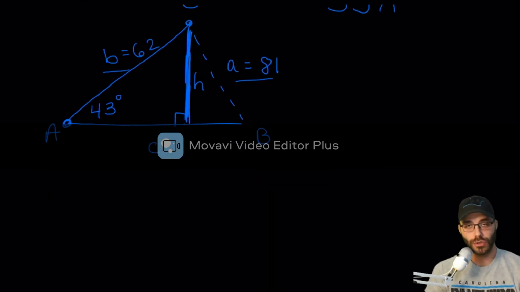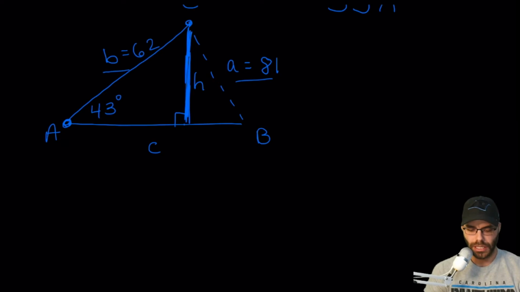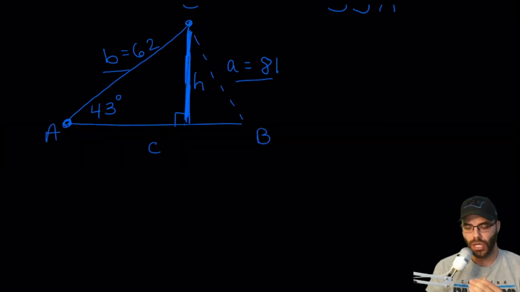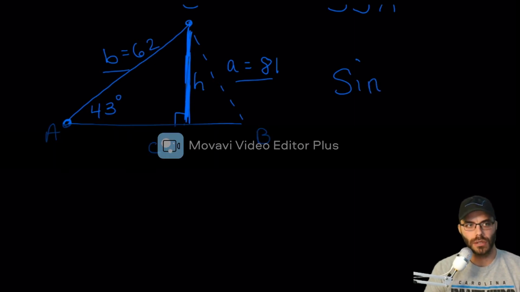Okay, so using SOH CAH TOA, we would say sine of angle A, which is 43, so sine of 43 degrees is equal to, now we're finding H, so we would say H, which is the opposite side, over the hypotenuse, which would be side B, so we'd say over 62.